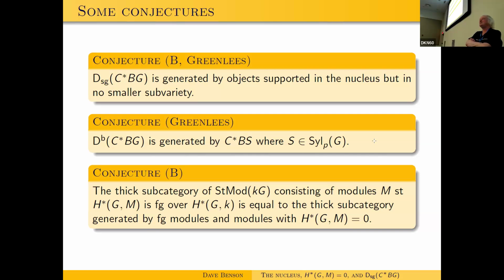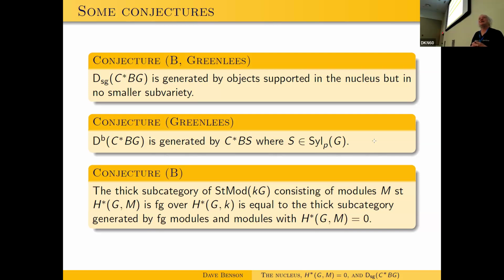So there's a related conjecture, which is what Greenlees was initially thinking about, which is that the bounded derived category of cochains on BG is generated by some obvious objects. And that for most choices of obvious objects, that's actually equivalent to the cochains on B of a C log P subgroup, which is an object in that bounded derived category, being a generator for the bounded derived category.